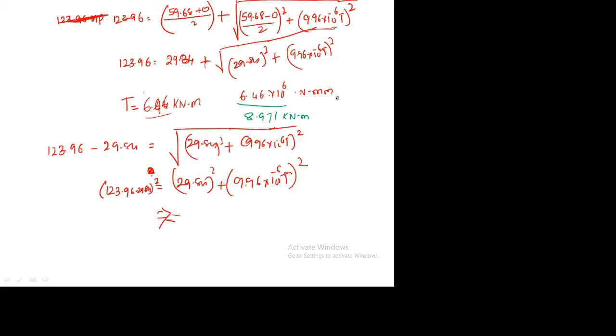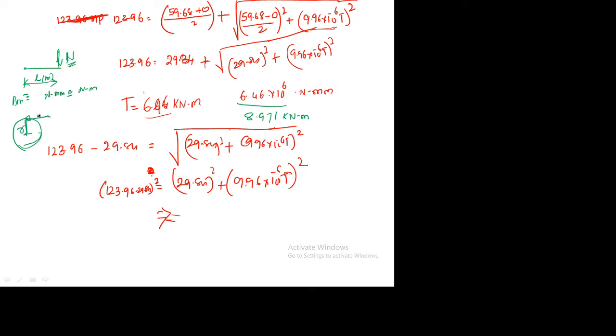Bending moment unit and the torque unit are the same. In bending moment, you calculate the load into the perpendicular distance. The load is in Newton, the length is in mm, so bending moment is Newton mm or Newton meter. About torque: it is a radial distance which causes turning of the section.